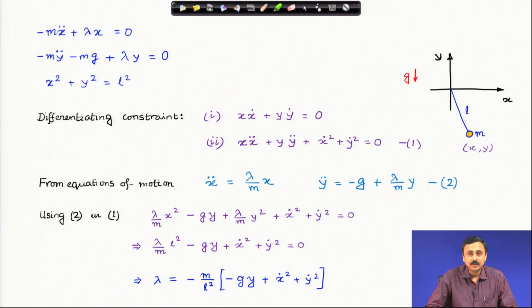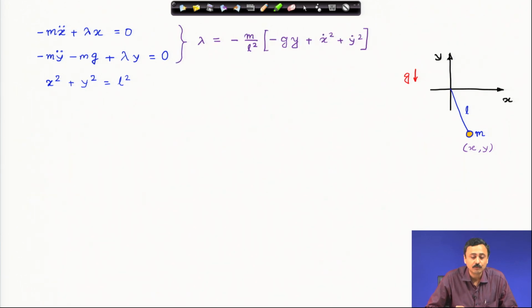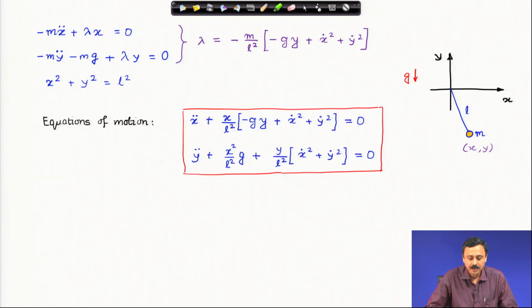Once I have this Lagrange multiplier expression, I can substitute it back into the equation of motion. I substitute this Lagrange multiplier in the equation of motion, and this is my set of equations.